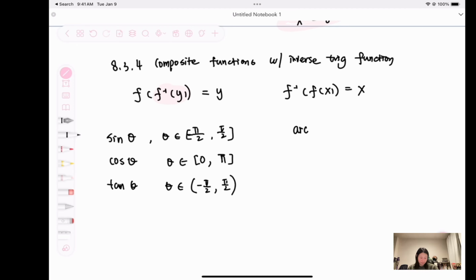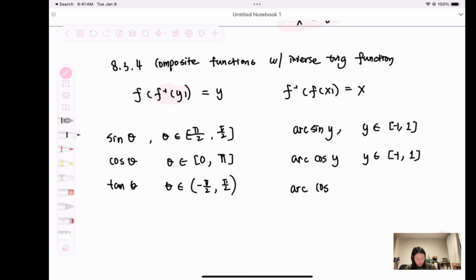Okay, now for the inverse function, arc sine theta, the output is not theta anymore, this has become the ratio. The ratio should be between what? -1 to 1, whereas the inverse function of cosine will also be from -1 to 1.